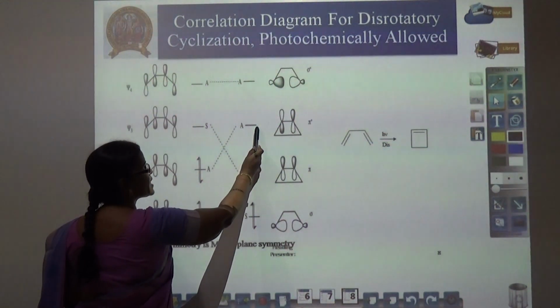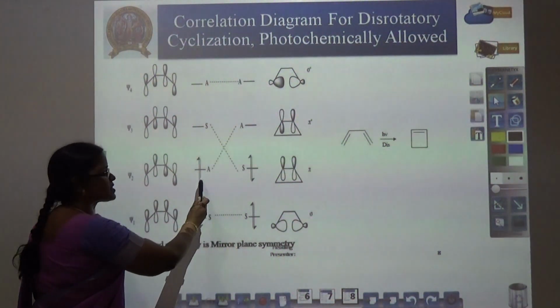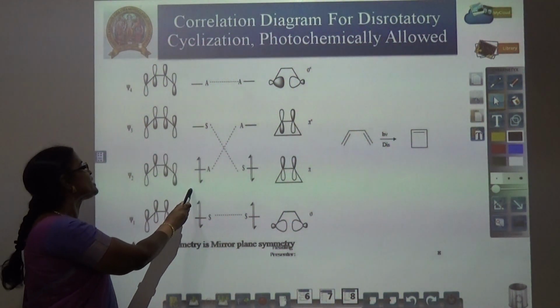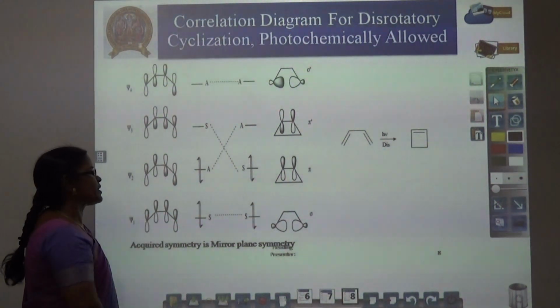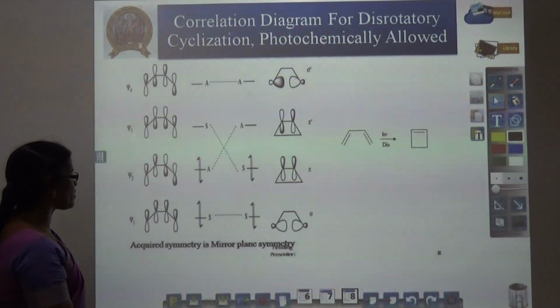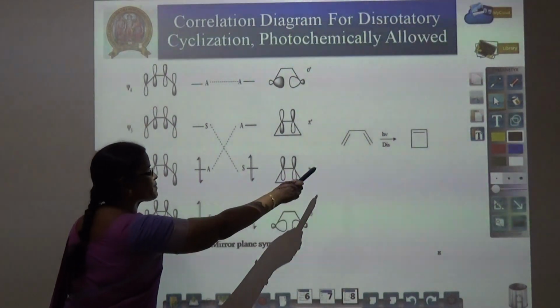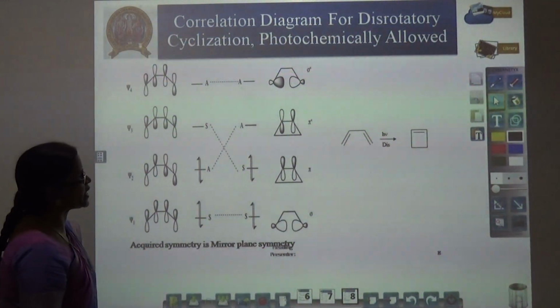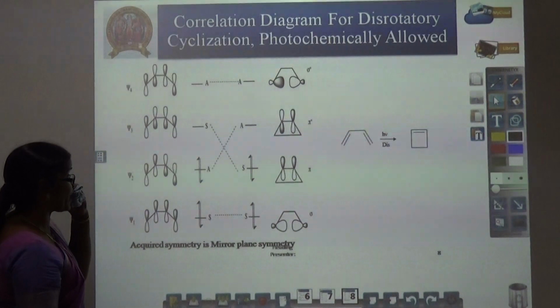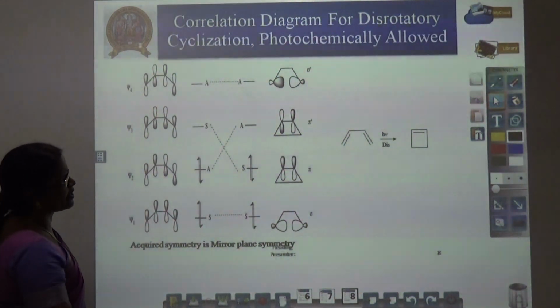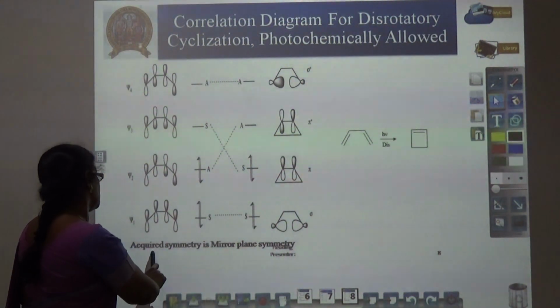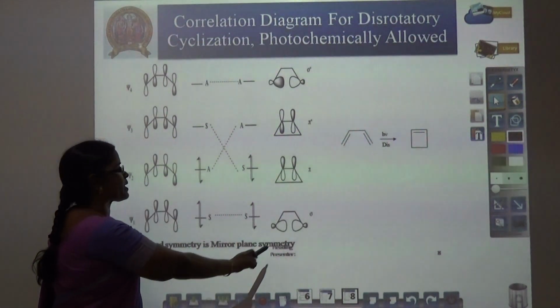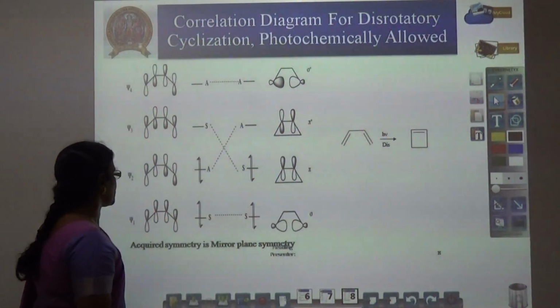The first excited state orbital of the product can correlate with the ground state orbital of the reactant. The acquired symmetry is mirror plane symmetry for this rotatory process under photochemical condition. Under any condition, the acquired symmetry is mirror plane symmetry for this rotatory process.